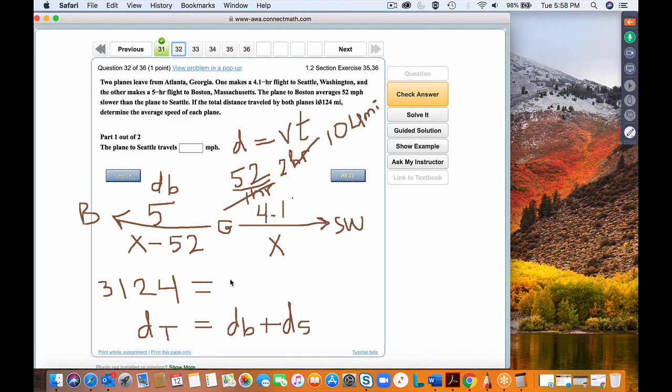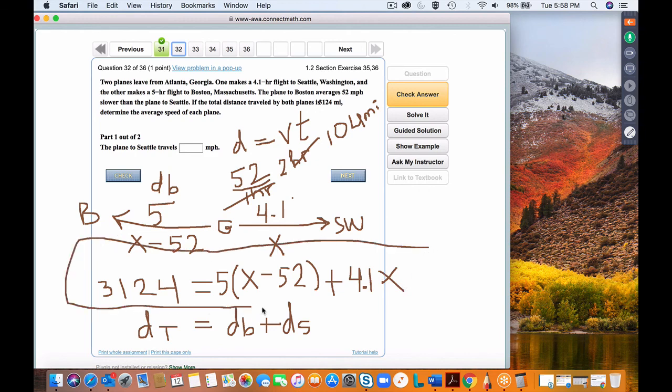So it's going to be equal to 5 times x minus 52, plus 4.1 times x. Yes, and then you have your equation.